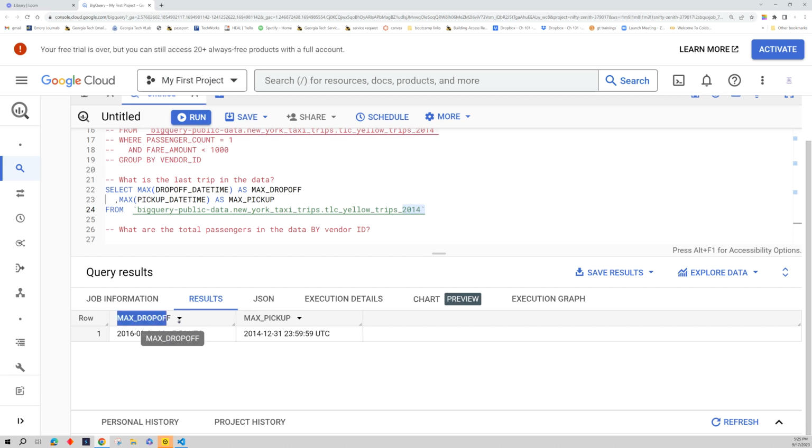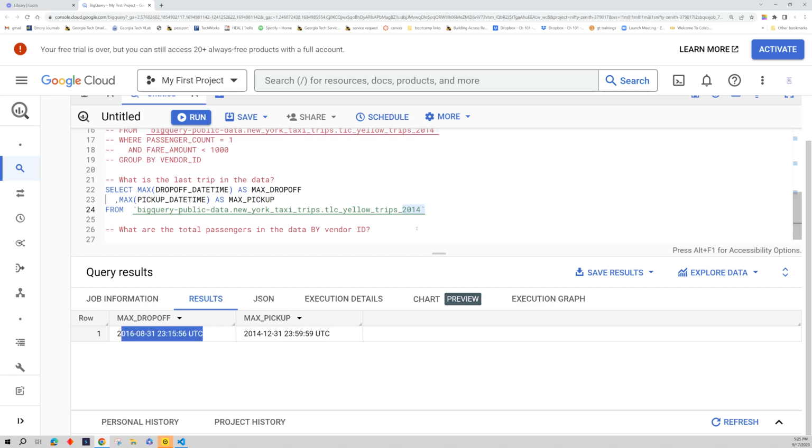In comparison, our max drop-off date looks like it was in 2016, August 31. So this to me feels like that might not be reliable data. Something happened where someone's meter didn't go off, or we had some bad data there. So the pickup time looks reliable.